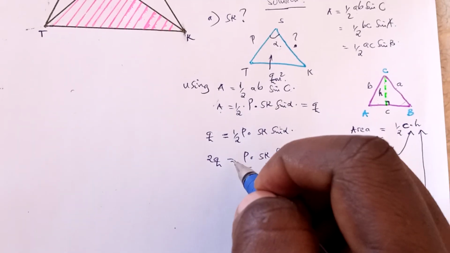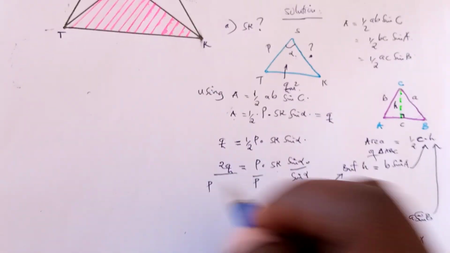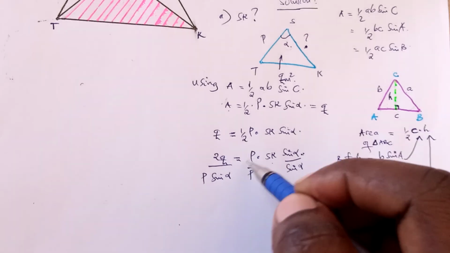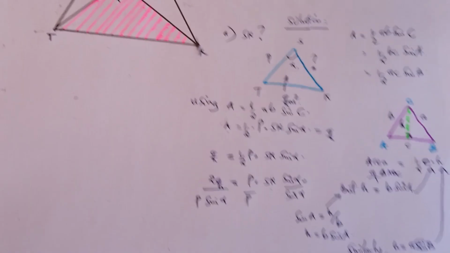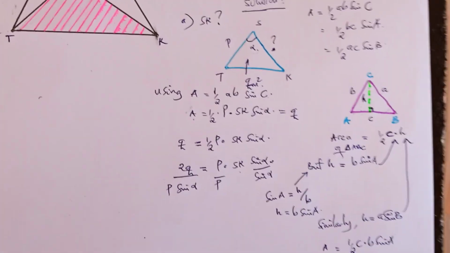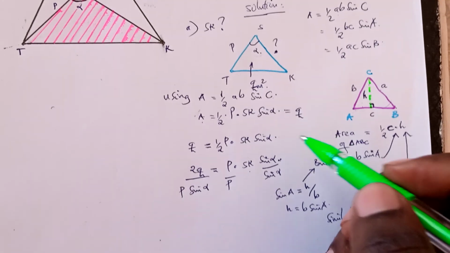Since both sides are equal, what you do on this side, you have to do on this side, P and sine alpha. So these are going to die out. But since we are mature enough, we cannot allow ourselves to cross out things.